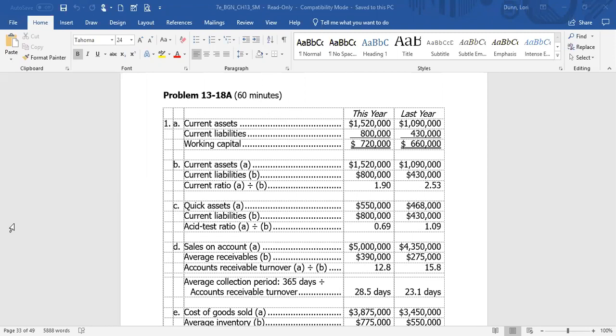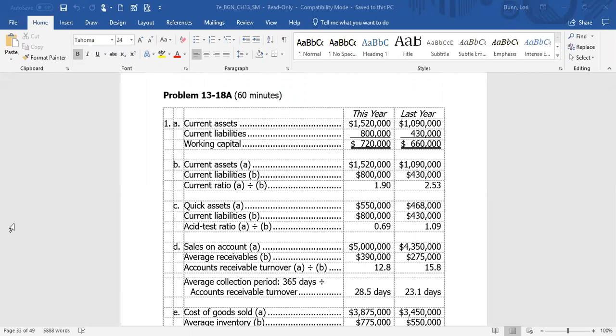A current liability is a liability we have to pay in the coming year. So that's why we focus on these two items. So working capital, or the excess assets that will be available, is 720. Last year it was 660, so they improved.